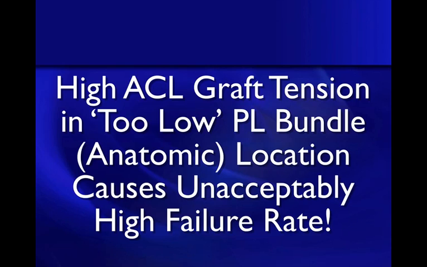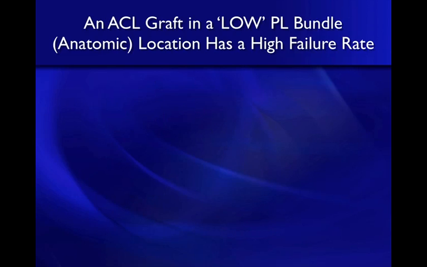Now, the high ACL graft tension in the too low PL bundle or anatomic location has now been associated with an unacceptably high failure rate, which makes sense because the tension in the graft will either limit the motion of the knee or the graft will stretch to allow the motion of the knee to return. And an ACL graft in a low PL bundle anatomic location has a high failure rate.